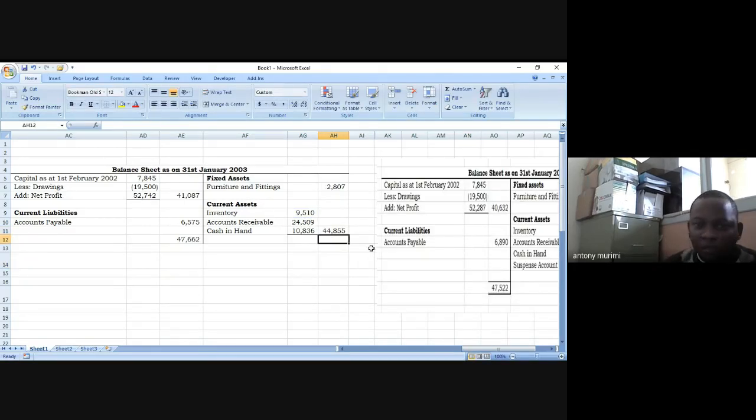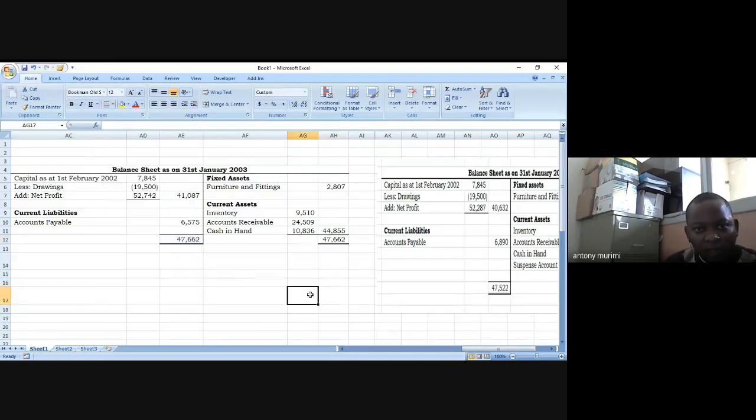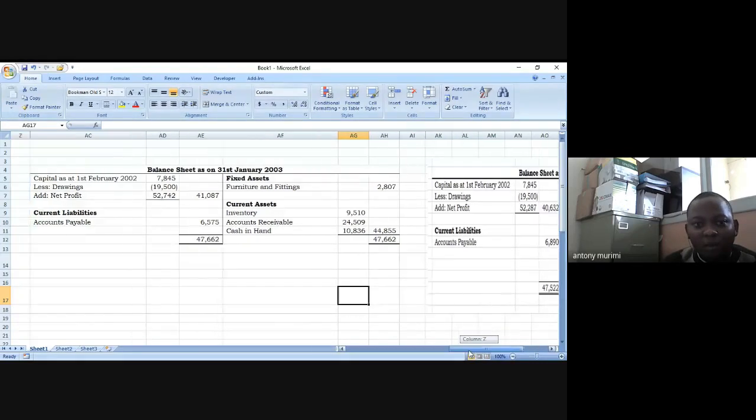Then the total of all the assets is 2807 plus 44,855, so 47,662. So it has balanced off. That is after balancing off all the errors, and that is it for the correction of errors, unless there is a question.